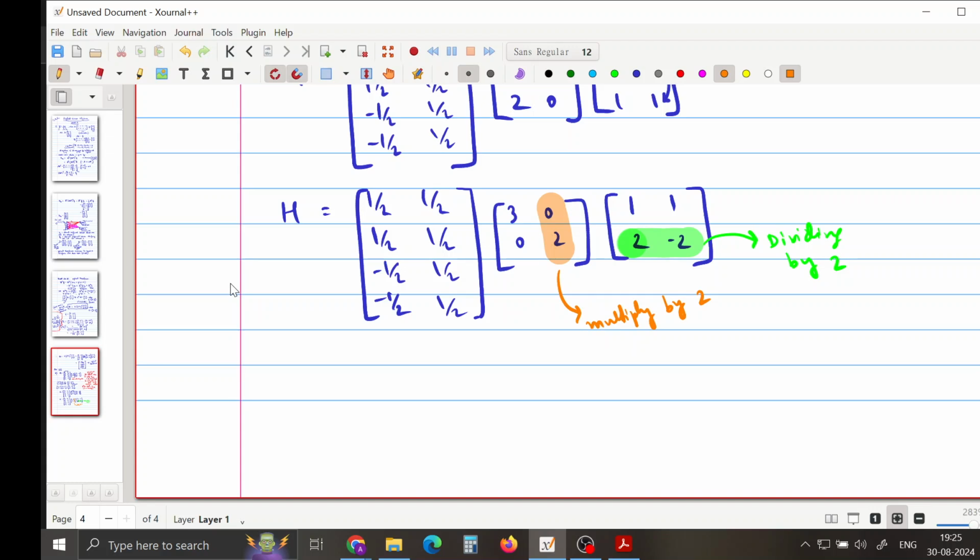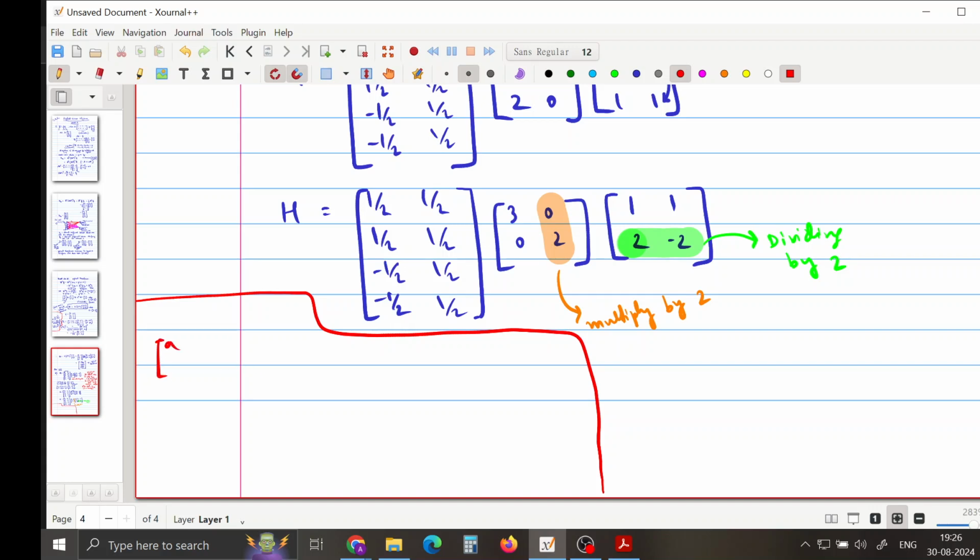And if you are not convinced, you can check for yourself that this is indeed true. Like I showed you before also, let me show you in a rough space here.